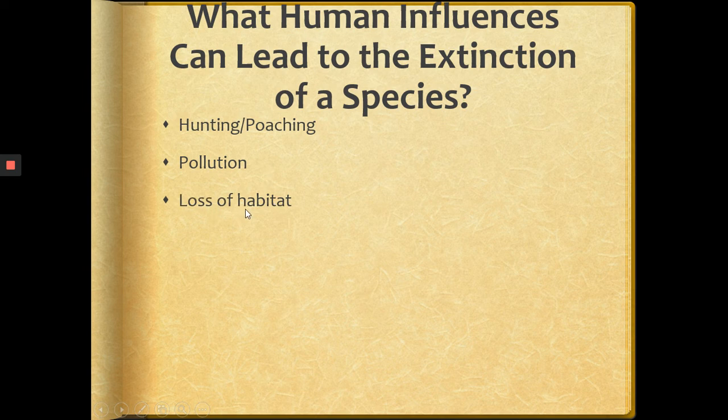And loss of habitat is certainly a major influence. This one's very close to home here with the Florida panther. There's about 250 of those animals left in the wild. Okay? And they have a very, very small home range due to loss of habitat. We've basically taken their natural range and put housing developments on it.